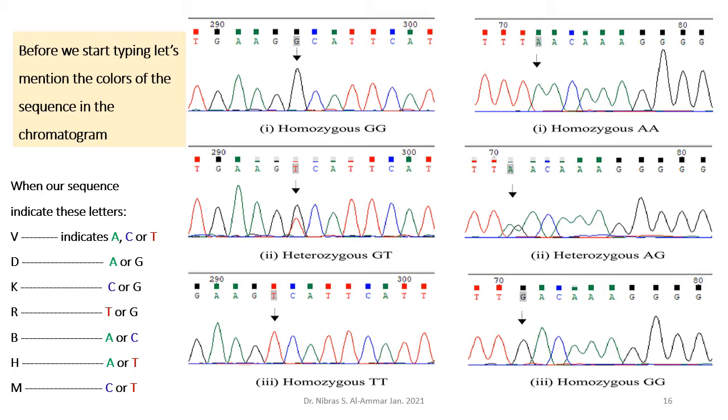Two peaks appear together, mixed. Here, that means the heterozygous. Here, G and T. In the second, we have two peaks also, heterozygous A and G. The green here and the black appear together mixed.